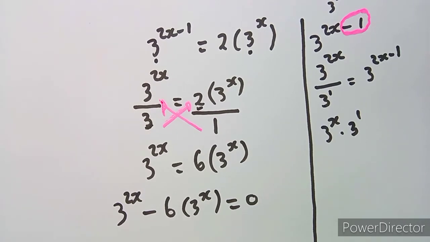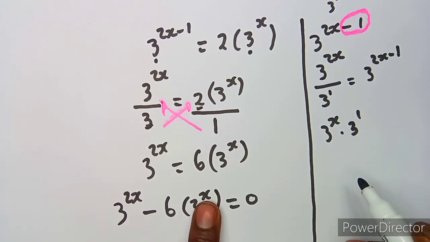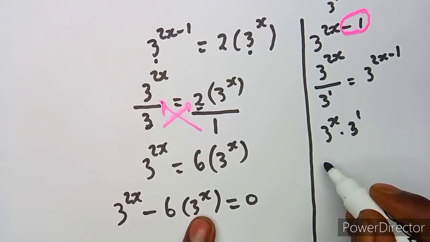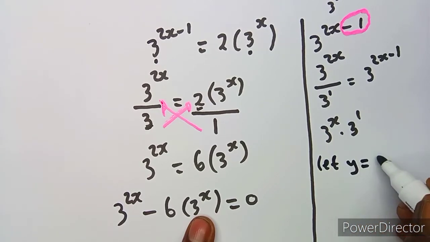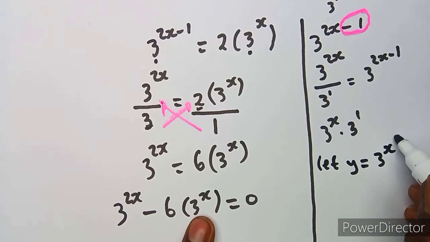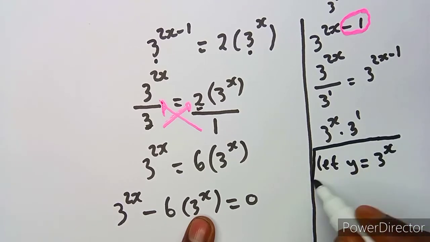I'm going to introduce another letter in place of 3 to the exponent of x, which is the least part that I'm having here. So let's say let y be equal to 3 to the exponent of x, or you just choose any letter of your choice.